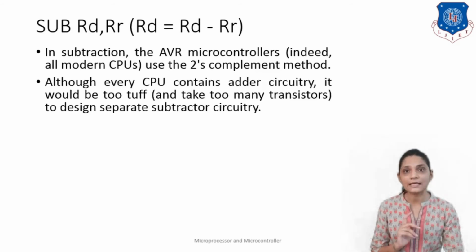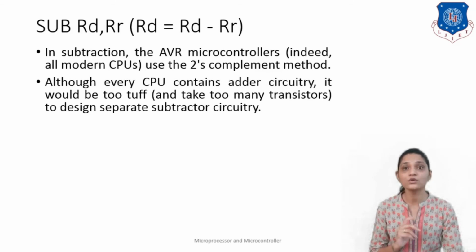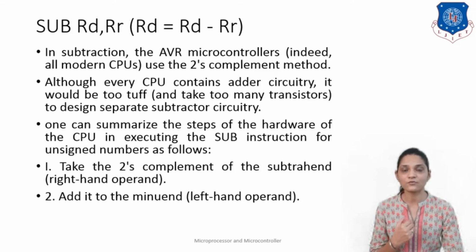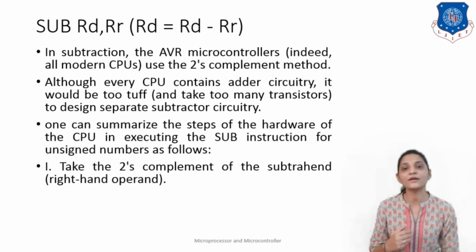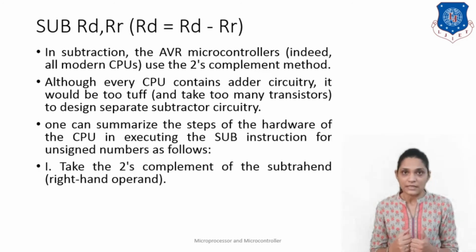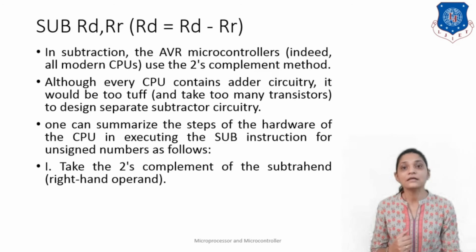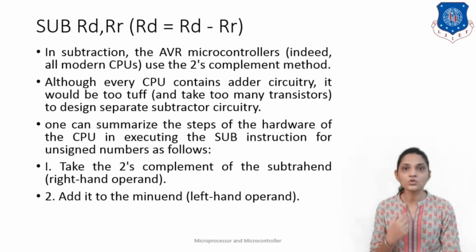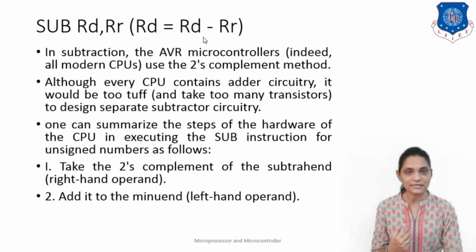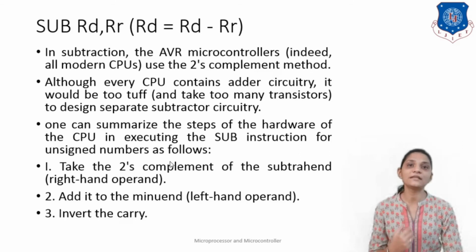So in this case, first we take the 2's complement of the subtrahend, that is the RR register. Then you add that 2's complement of the subtrahend to the minuend, that is the RD register, and then you have to complement the carry.